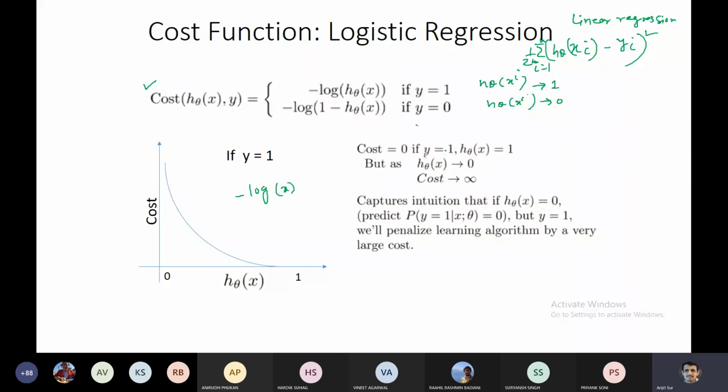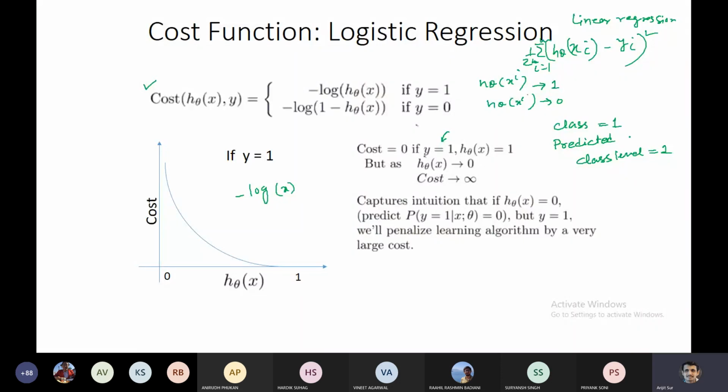So what does this mean? If you know that the label is 1, your prediction is h theta. What you intended is that if the actual class label is 1, the predicted class label should be 1.